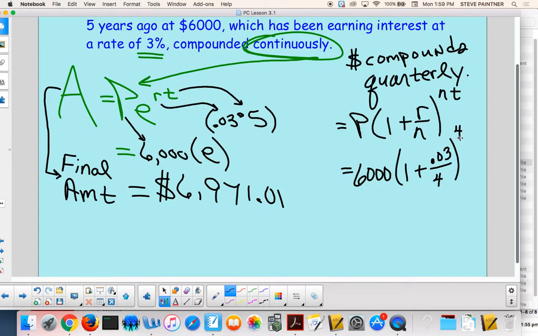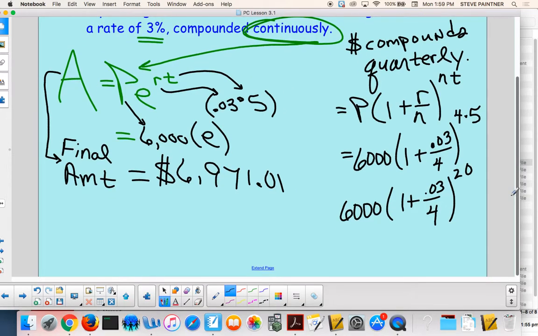Exponent 4 times how many years did you leave it in there? 5 years. Type it in, just as you see it. I probably would change that to 20, just to shorten it up. 6,967... 6,000 what? 967 and 1 cent. 10 cents? No. Okay, 10 cents, isn't it? Alright. Sorry I did that awfully fast, but we were running out of time, and that's what I had to do.